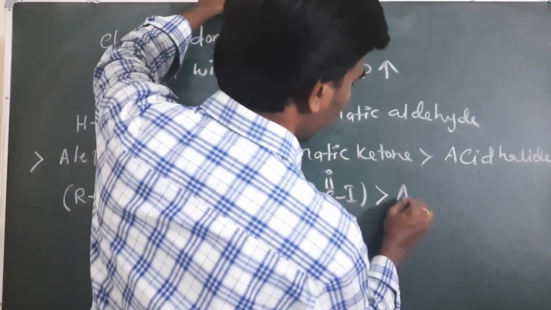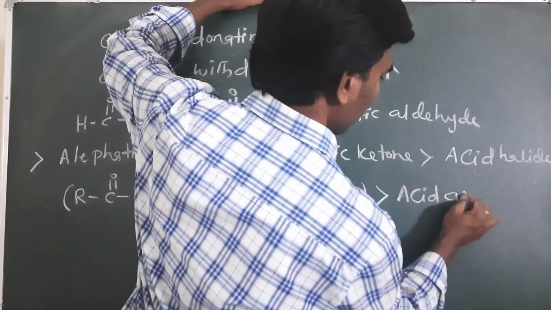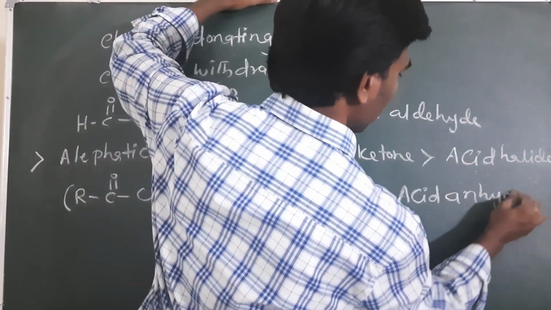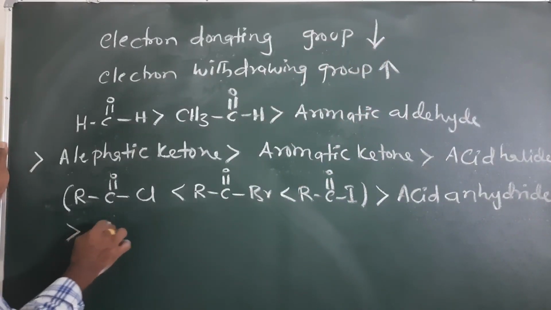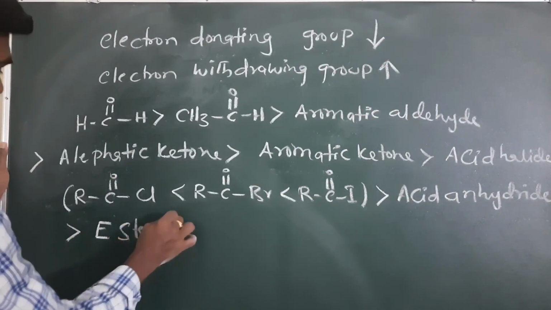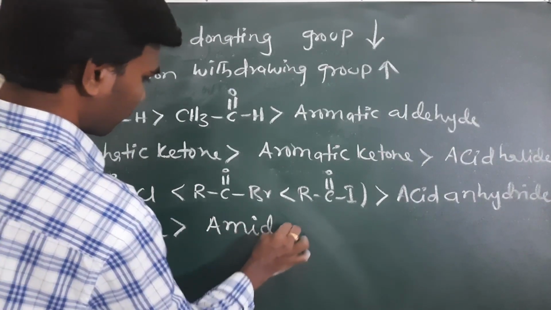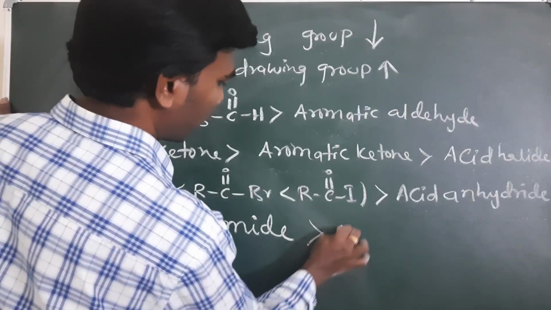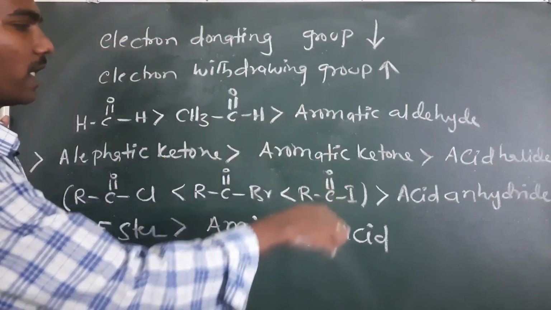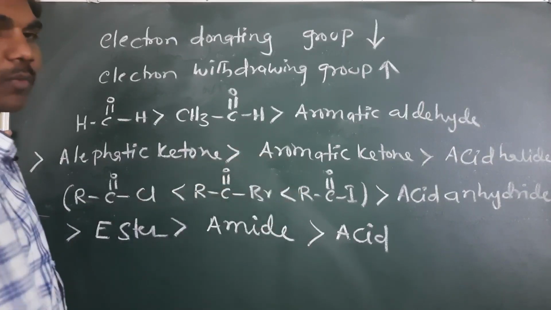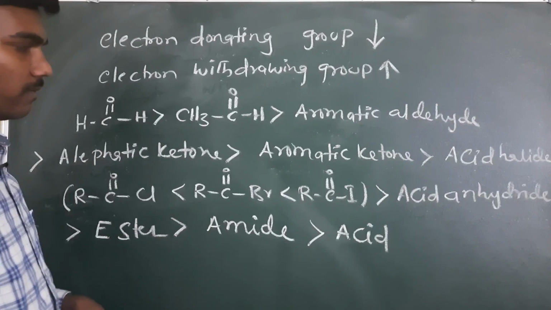Followed by acid anhydride, followed by ester, followed by amide, followed by acid. So this is the nucleophilic addition order regarding all carbonyl compounds. This order is very important.